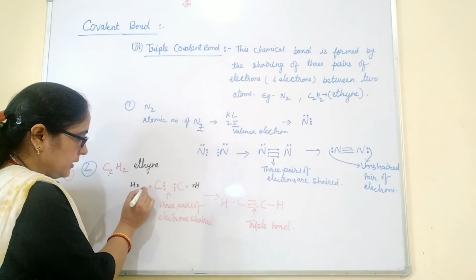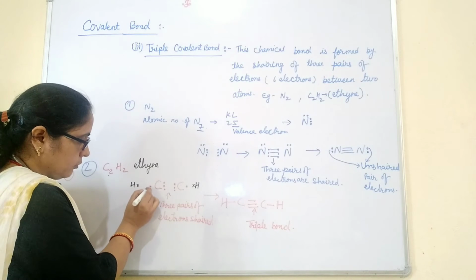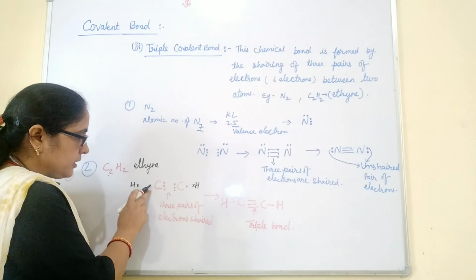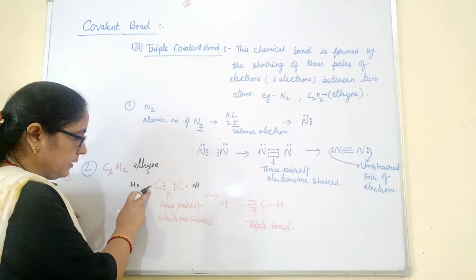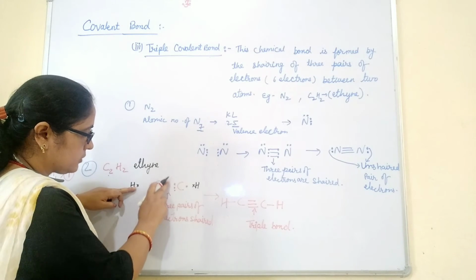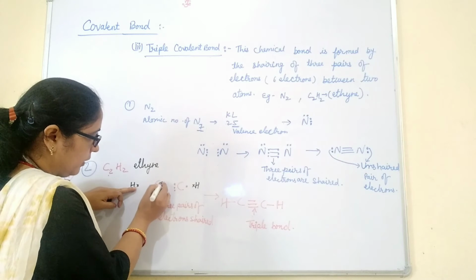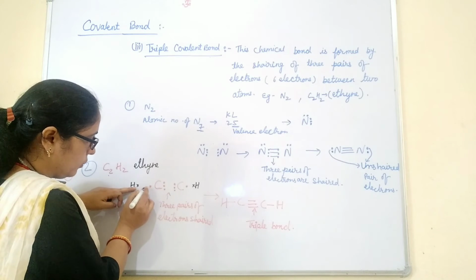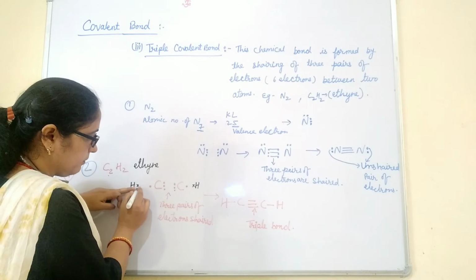This carbon also shares its 1 electron with hydrogen, and when it shares its 1 electron with hydrogen, then this carbon has total number of electrons 1, 2, 3 and 4, and this one is 5.